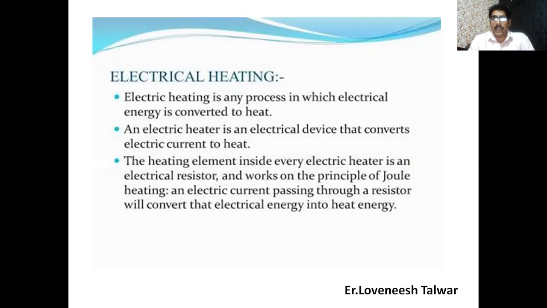The heating element inside the electrical heater is an electrical resistor, and it works on the principle of Joule heating. According to Joule heating, an electrical current passing through the resistor converts electrical energy into heat energy. So this is the basic idea about electrical heating.